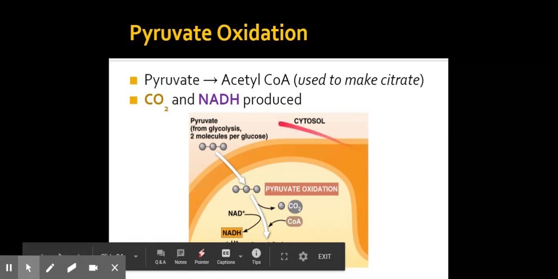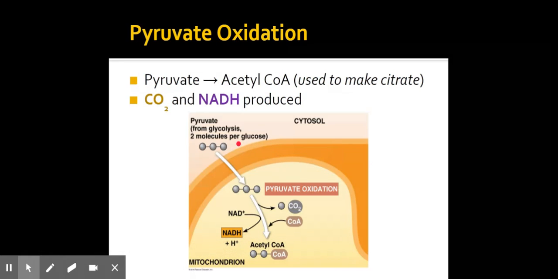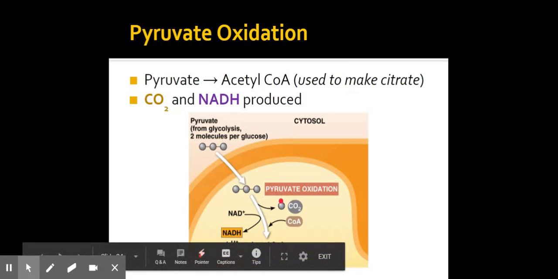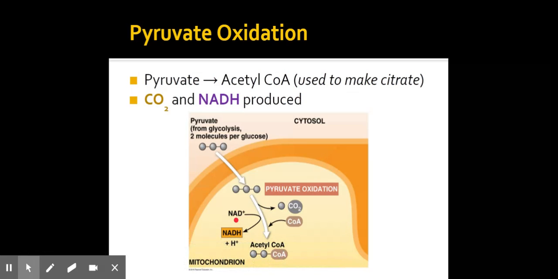Again, if we look at the process of pyruvate oxidation, to give you a more focused view of it, pyruvate enters as a 3C molecule. Carbon dioxide is produced and NADH is produced.